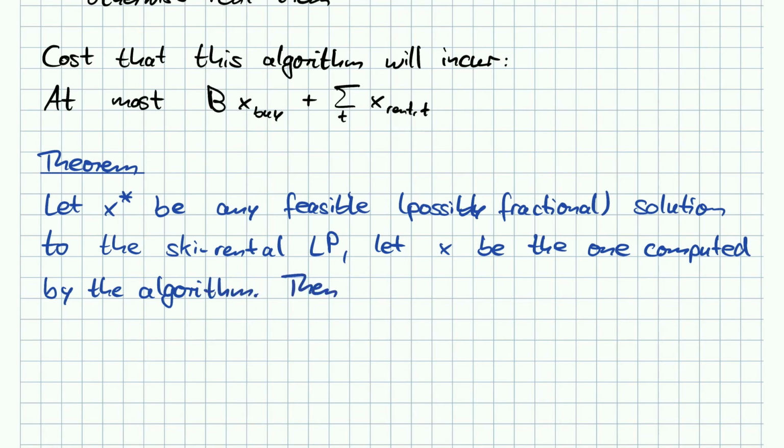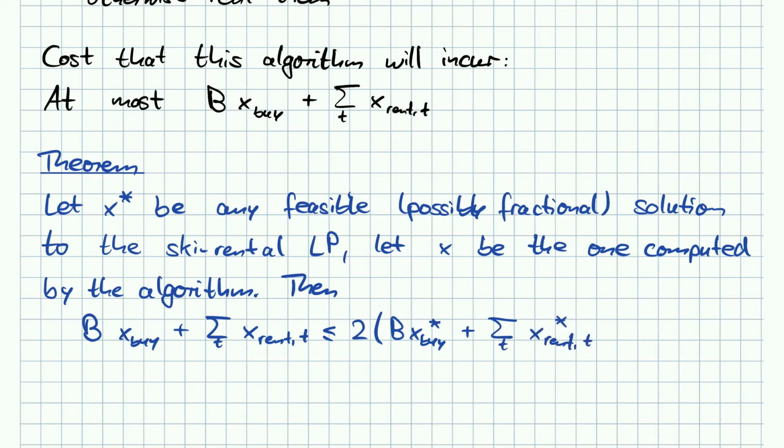Then we have that b times x buy plus the sum of the x rent t is at most 2 times b times x buy star plus the sum of the x rent t star.